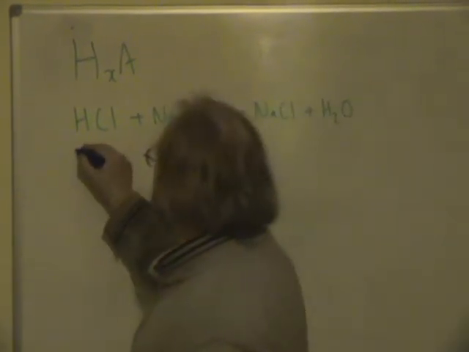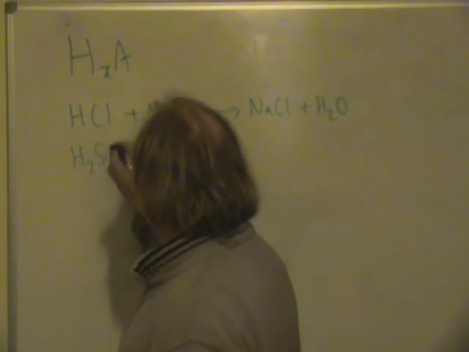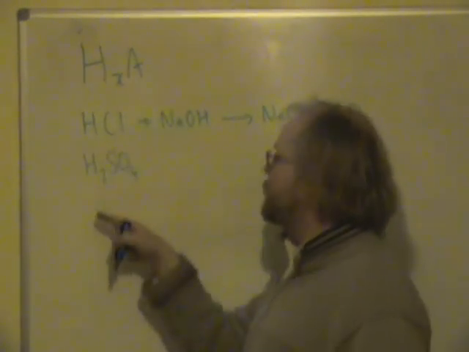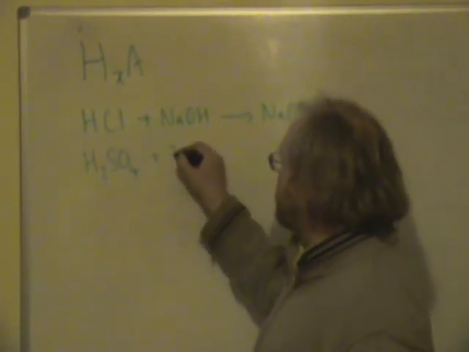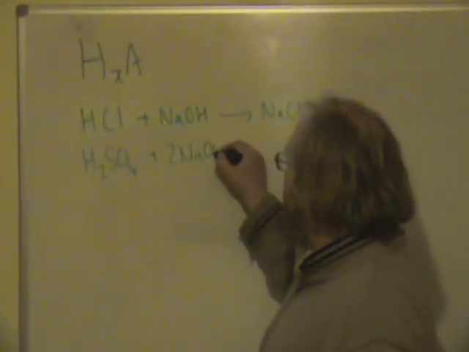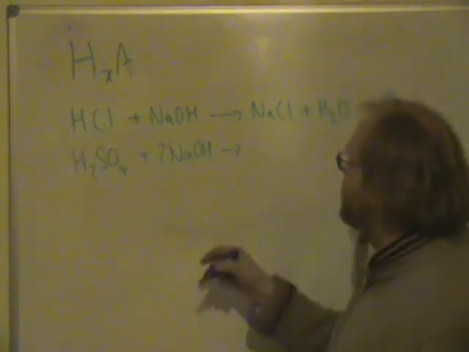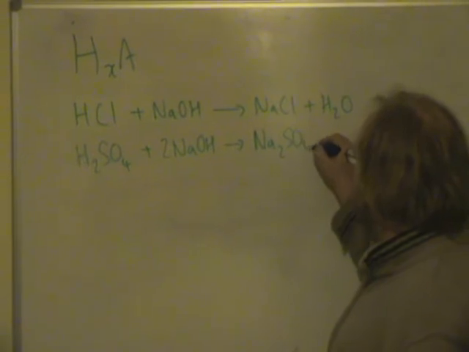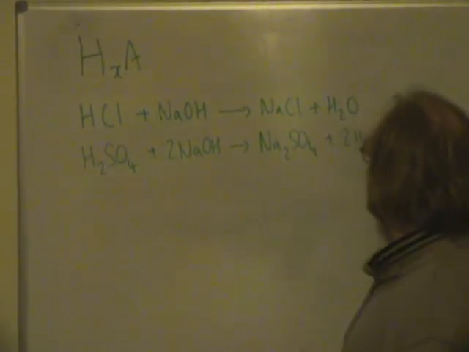If we switch to sulfuric acid, which is H2SO4, so now X would be 2 if we represented it with that shorthand, then the equation now requires 2 moles of NaOH to balance it up, because we get Na2SO4 and 2 moles of water.